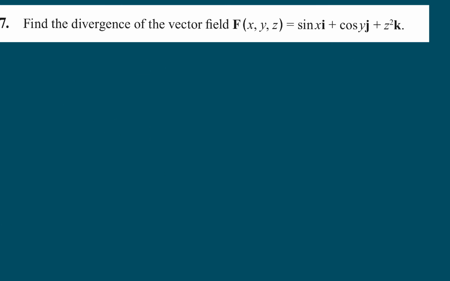The next problem is straightforward. The divergence of f is not a vector field, it's just a number, but I can put the vector here. It's the divergence of the vector field.